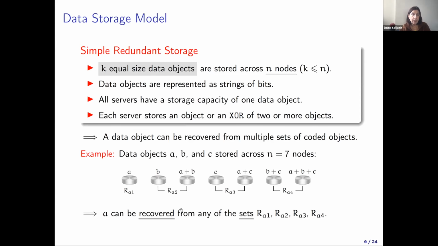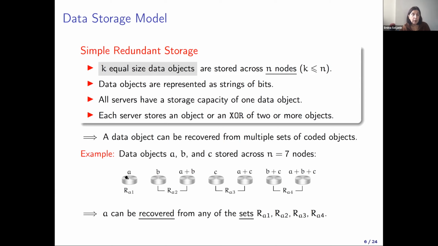Here is an example where I have objects A, B, and C, and then I have all possible XORs: A plus B, A plus C, B plus C, and XORing all three of them. Some coding theorists in the audience would recognize this as a simplex code, but just think of it as a bunch of XORs.